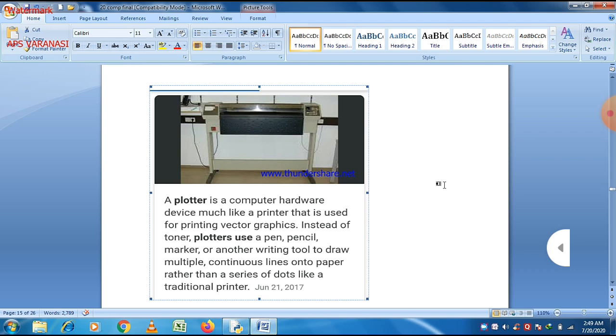When we want to print a map of a building, we print it using a plotter. The quality of the image is much higher than that of a printer.